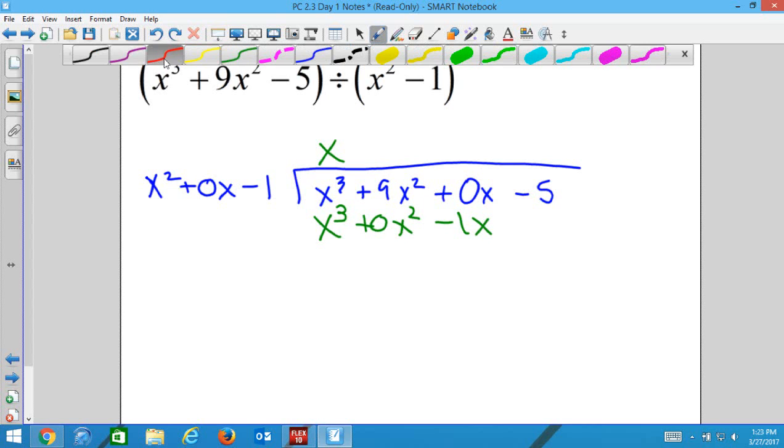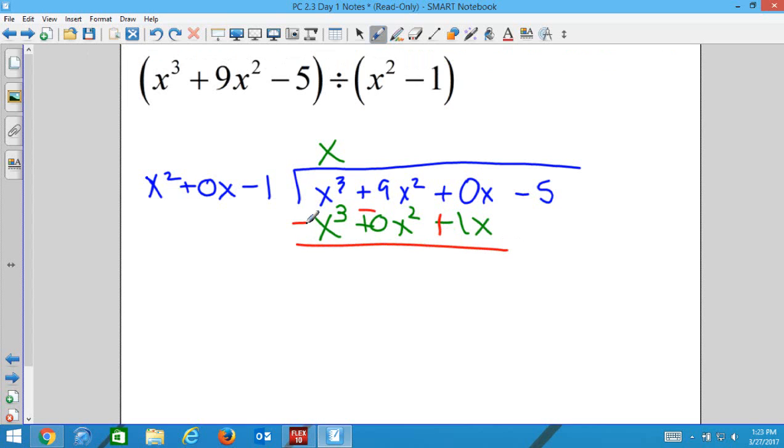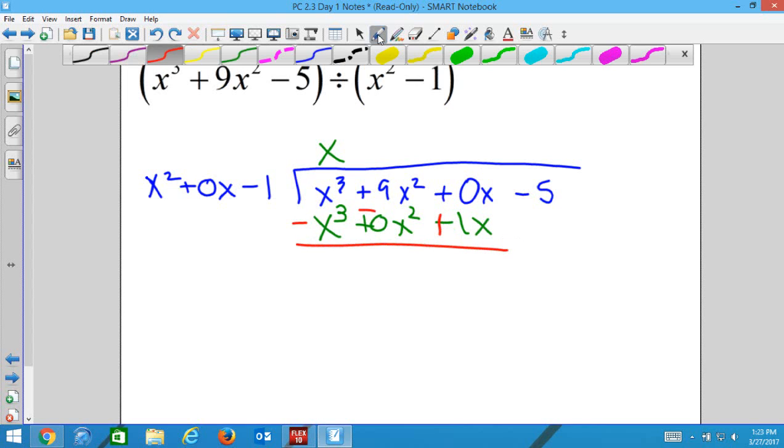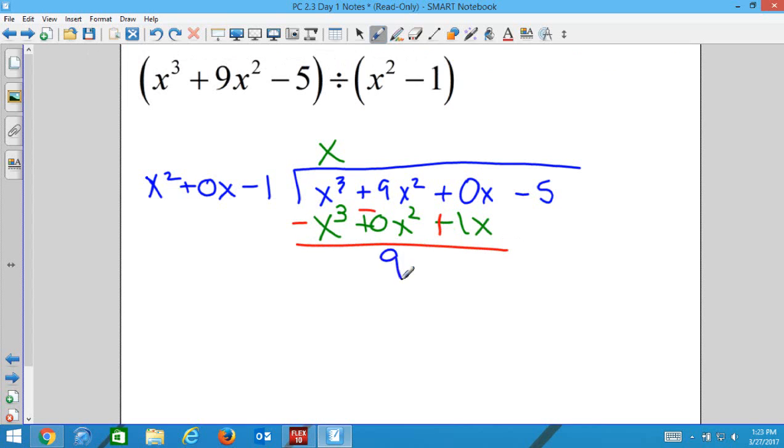You draw the line, change the signs. Add them together. 9x squared plus x, bring down minus 5. So you just bring down one more thing. Yeah, so what you want to have dividing into is how many we have out here.